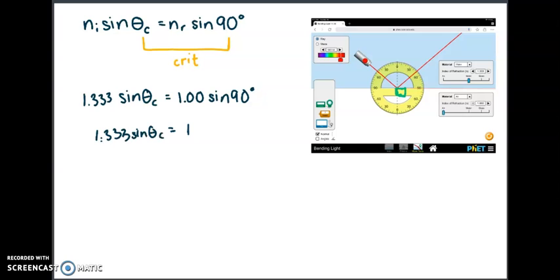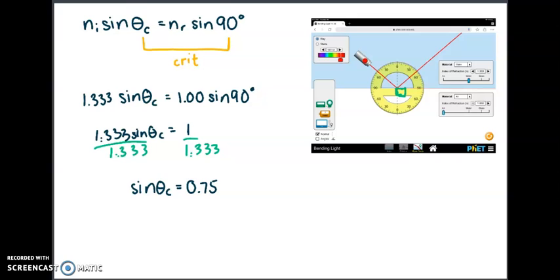So we're going to divide by 1.333 on both sides. And that leaves sine theta c is equal to 0.75, just about.